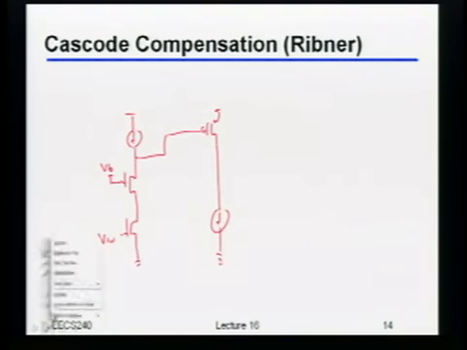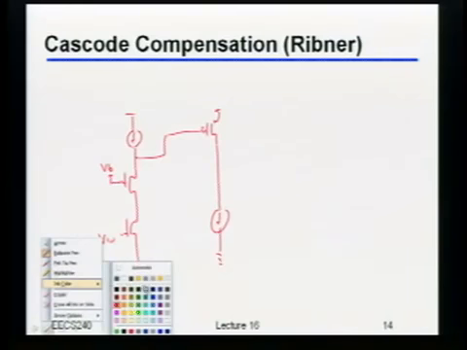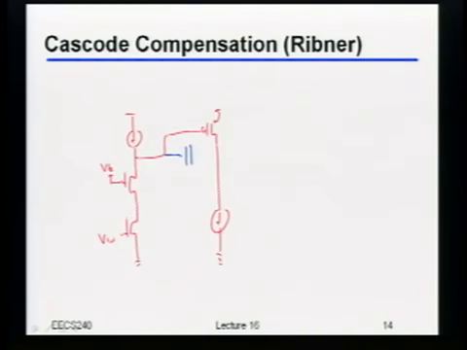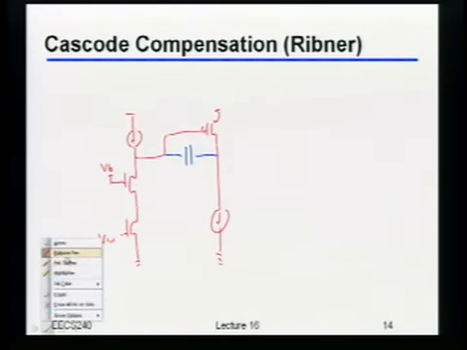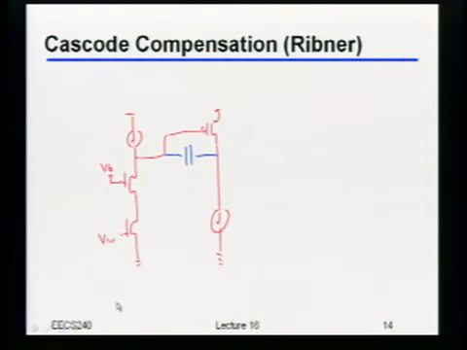So normally, if I was going to do Miller compensation, I would add the capacitor like this, right? Well, the idea this Ribner guy had was to say, okay, the way I want to make things unilateral is somehow adding in some common gate amplifier that's going to grab the signals off the feedback cap, and somehow it's going to unilateralize things.